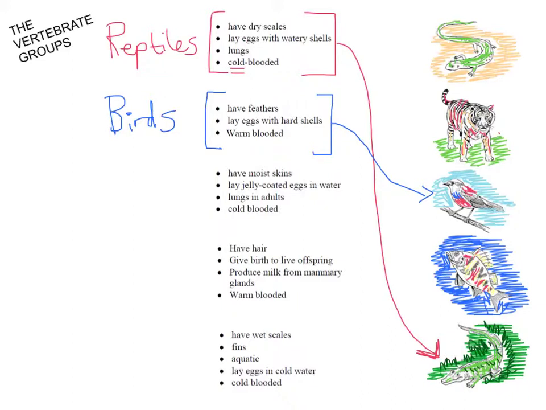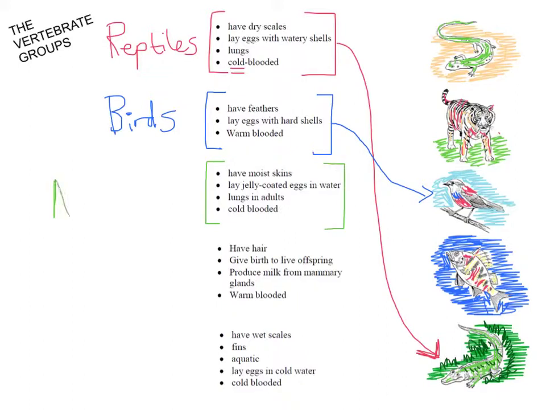Now what's interesting is the third group down, because it gets often confused with the reptiles. This third group down have moist skins. So whereas reptiles have dry scaly skin, these have moist skin, and they lay jelly-coated eggs in water. The adults have fully developed lungs, and again these are cold-blooded.